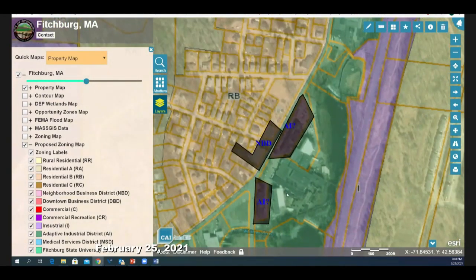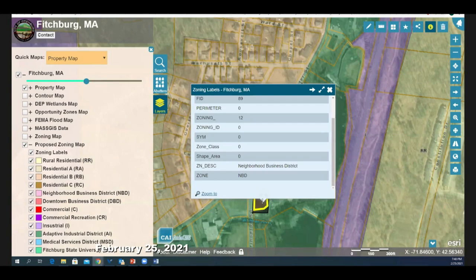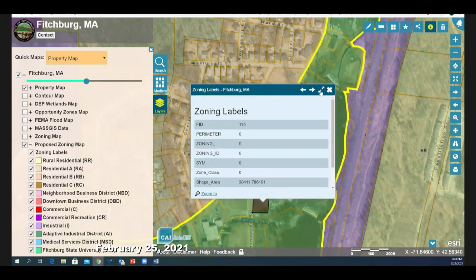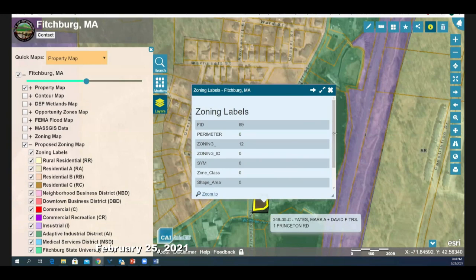Then you had a couple parcels here that originally were proposed neighborhood business district. I think one is Luck, and the other, I can actually click right on the site for more information. And anyone else on the call, feel free to jump in if they want to help me out.